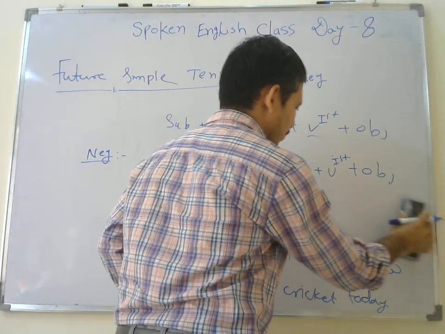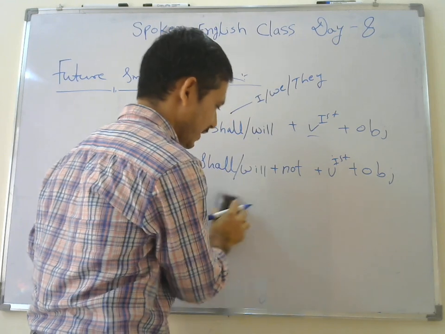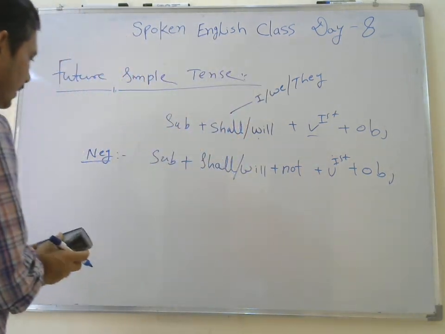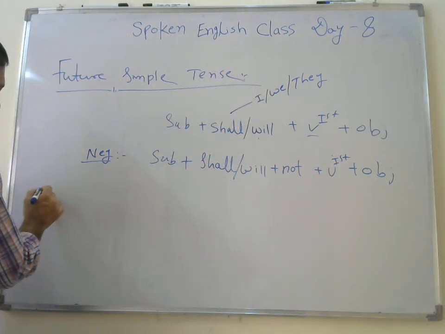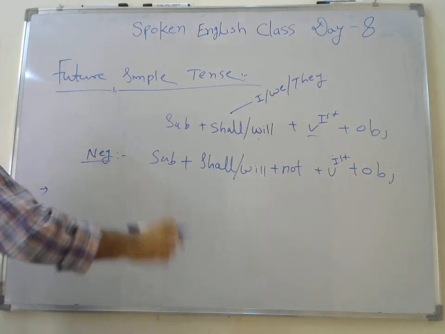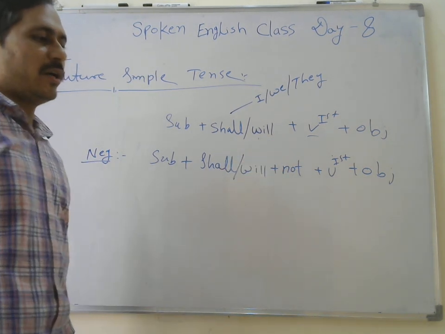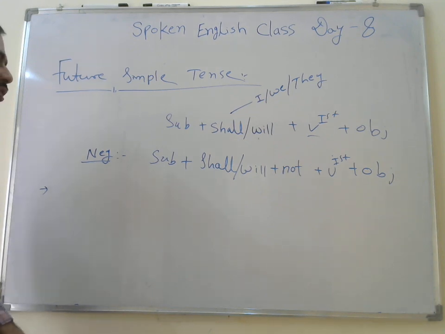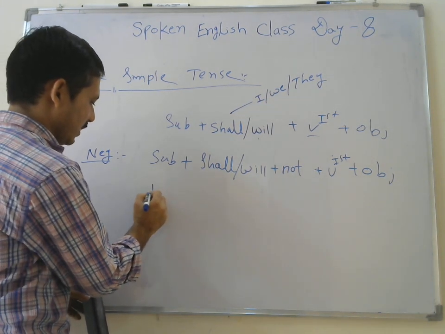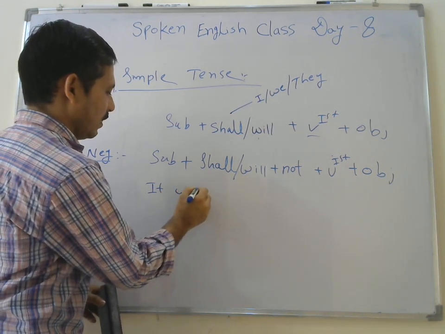Now we'll see the structure of your interrogative sentence, right? Here the negative sentence shows some activity will not happen in the future. It will not rain tomorrow.